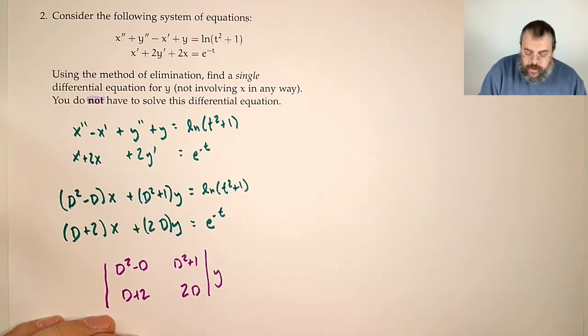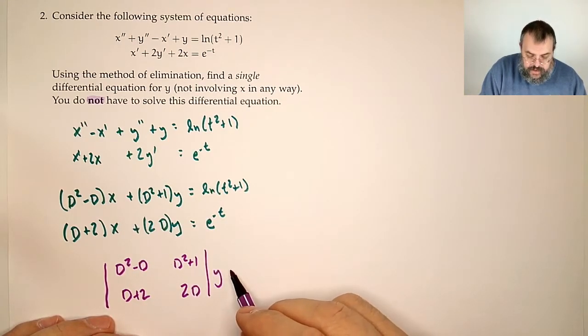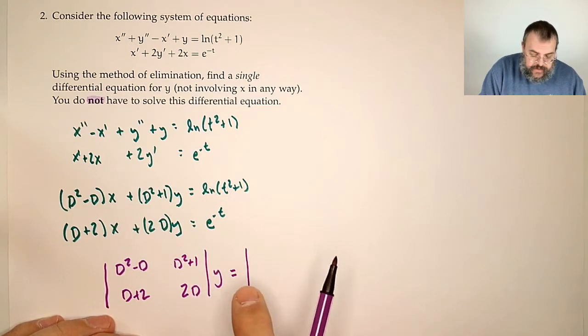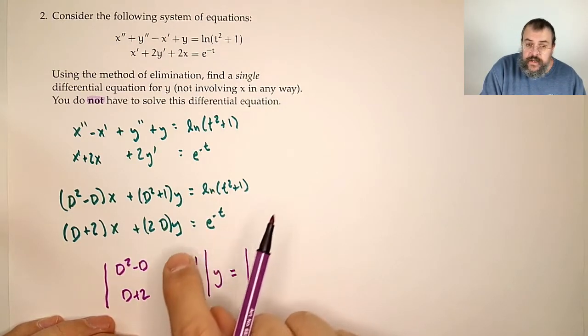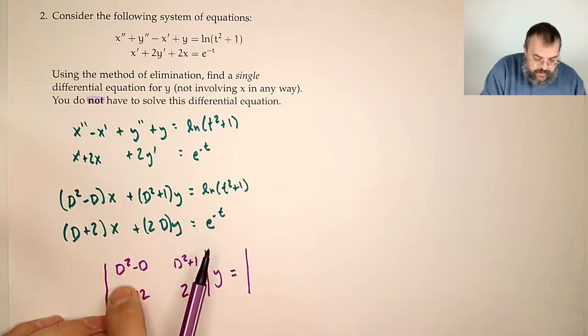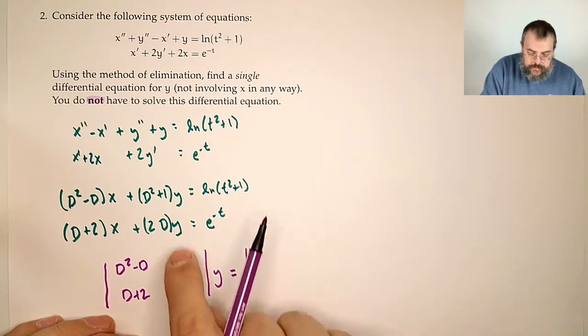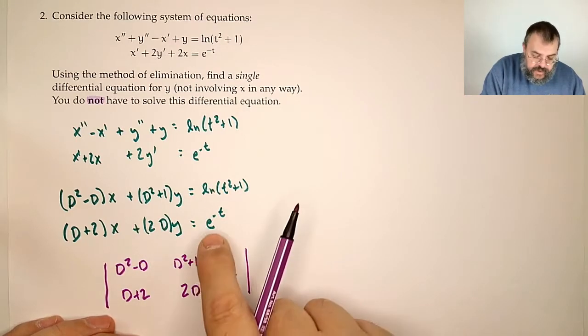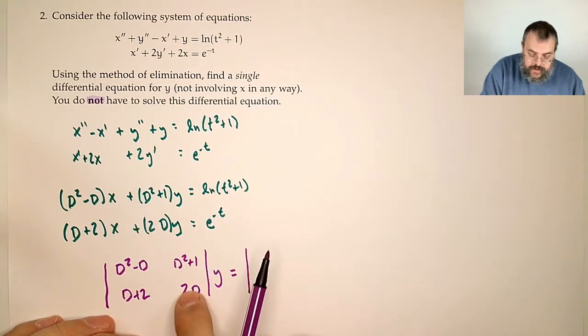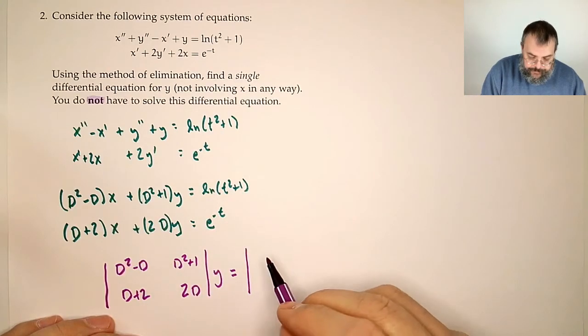And that's times y, which is going to be equal to something similar on the other side, except this first column is associated with the x and the second column with the y. So we're going to replace the y part by the functions.